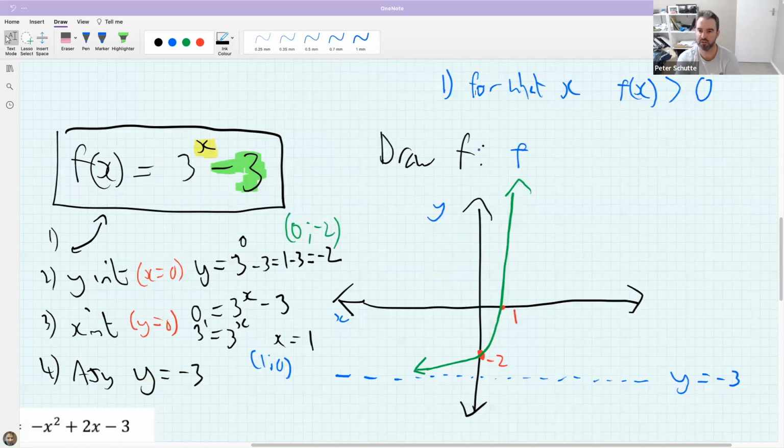What do we think our answer is going to be for that? For which x values will the f of that x value be greater than 0? Where should we be looking?